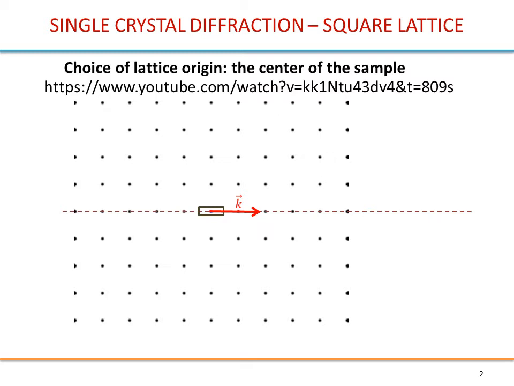Then we can say that the origin of the reciprocal lattice is the same as the origin of the direct lattice, and plot the reciprocal lattice in this way. So we can explain powder diffraction using this configuration. And k, the incident wave, can be represented from the origin of the reciprocal lattice, like this. I did this in that video.